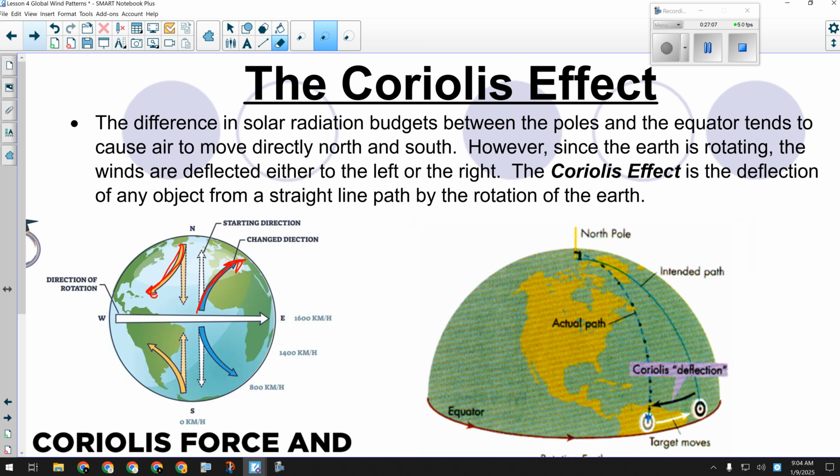The Coriolis effect wouldn't even be there if the air wasn't trying to do one thing while the Earth spun underneath it. All right, questions on that?